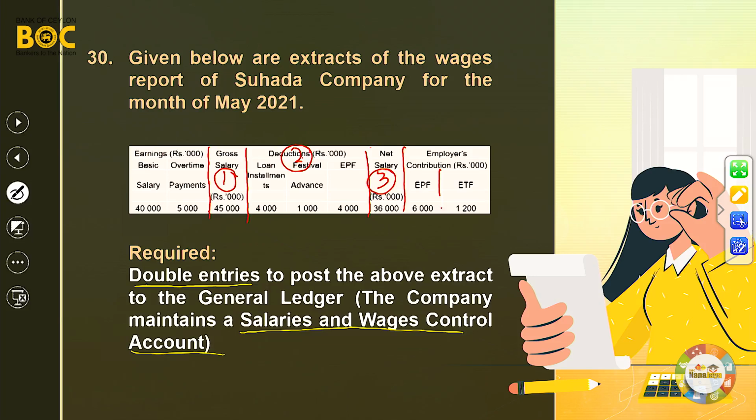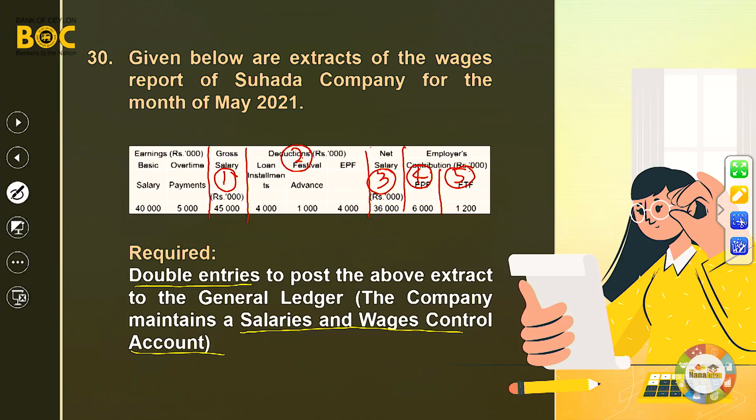The fourth entry, EPF contribution by the employer. The fifth one, ETF contribution.